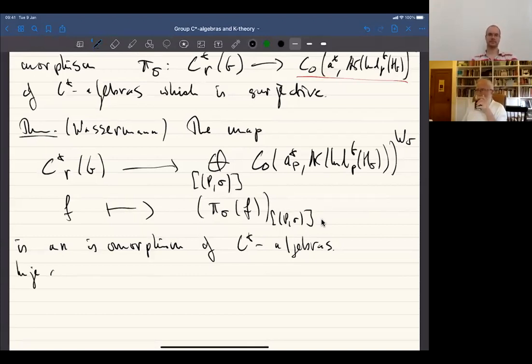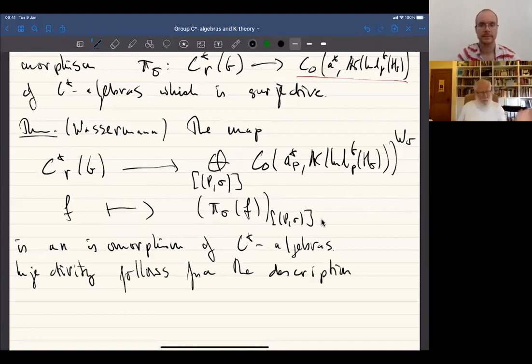Injectivity follows from the description of the tempered dual. So you can show that the kernel of this map would correspond to something that doesn't occur in any P sigma, which cannot happen unless it's zero.